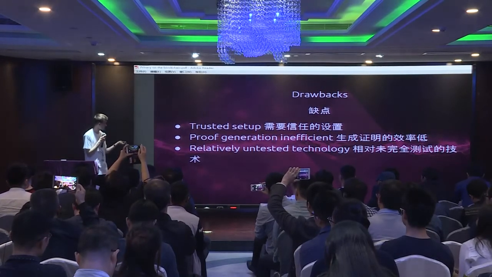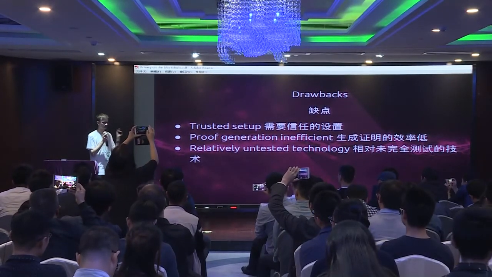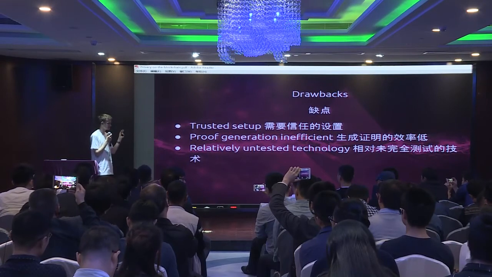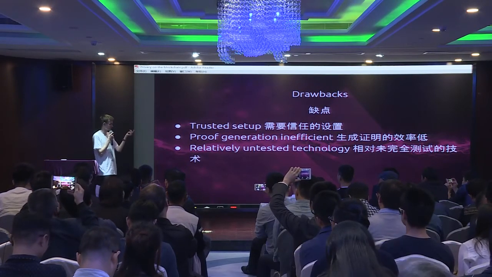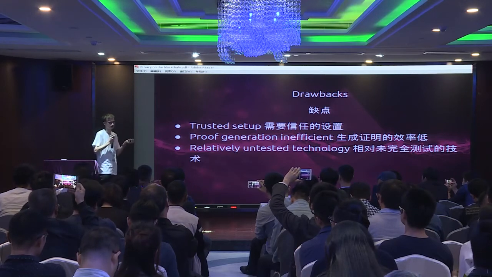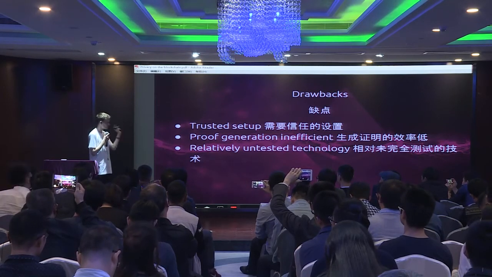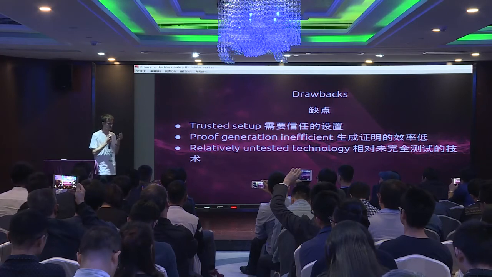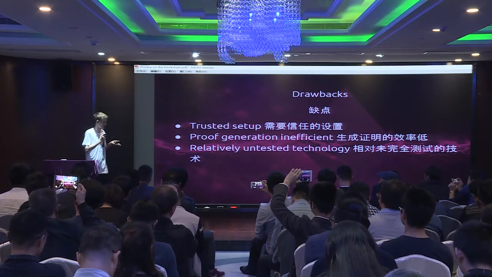So proof generation is going to improve, but there's still a lot of inefficiency, a lot of overhead in the process of creating a proof. Verifying a proof is not too inefficient, maybe 10 to 15 milliseconds.